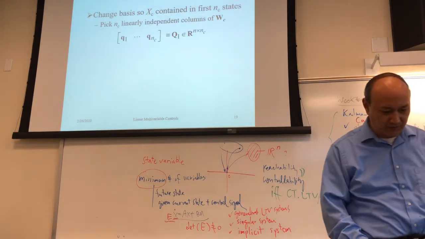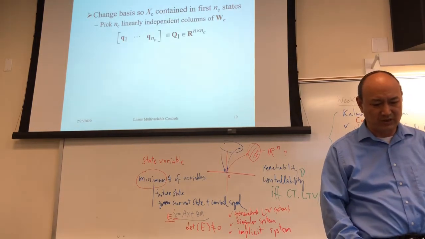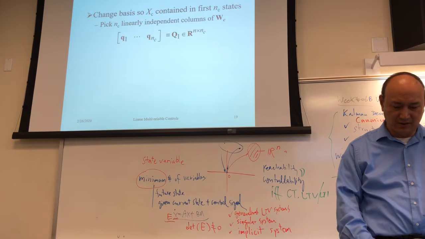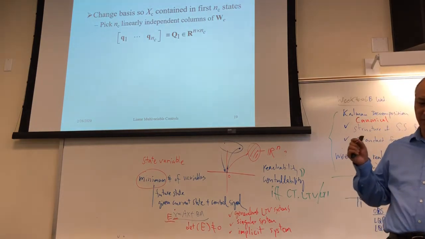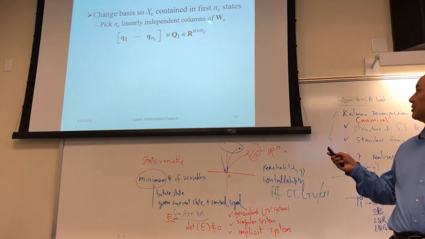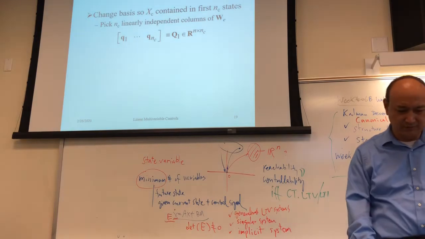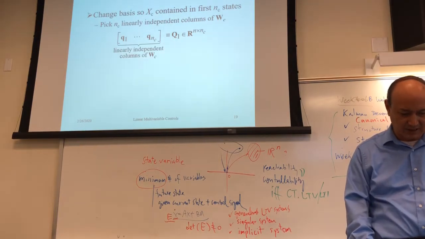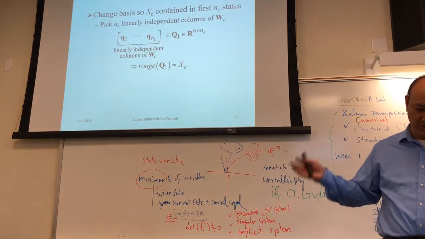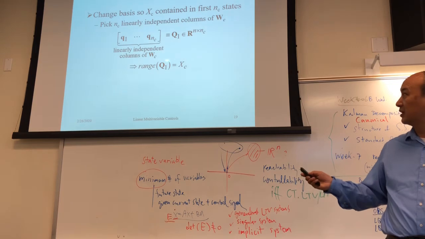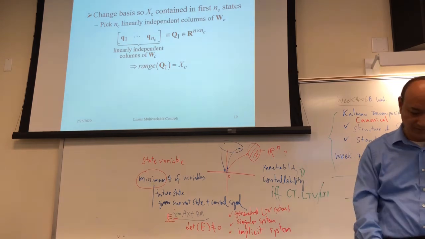Then we form the Q1 matrix. Okay, so NC is the number of controllable modes. Linearly independent columns of WC. Okay, so of course the range of Q1 here is XC.